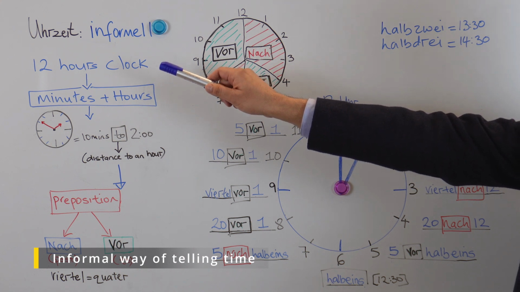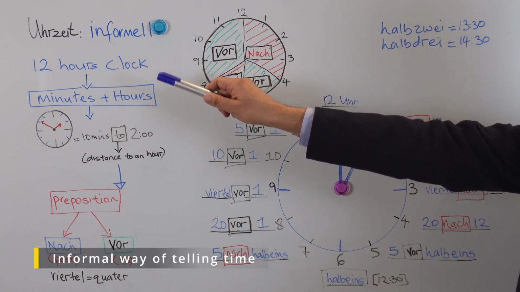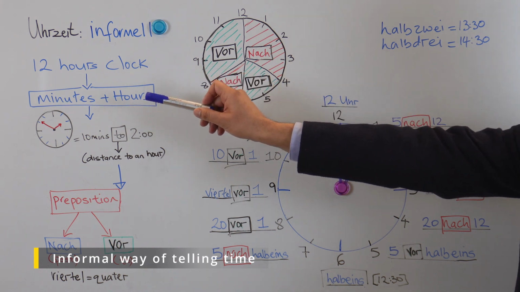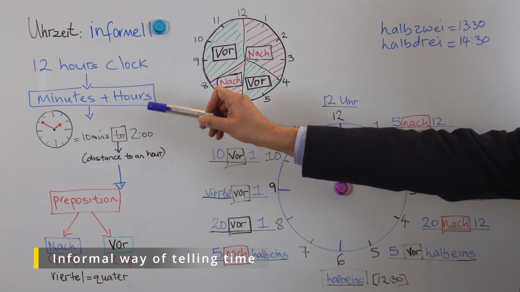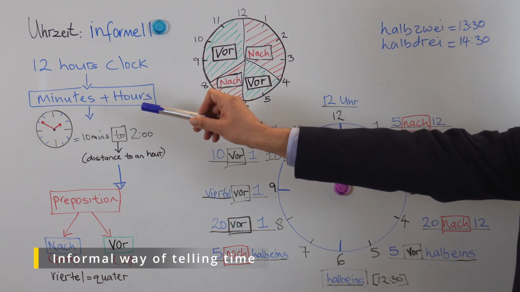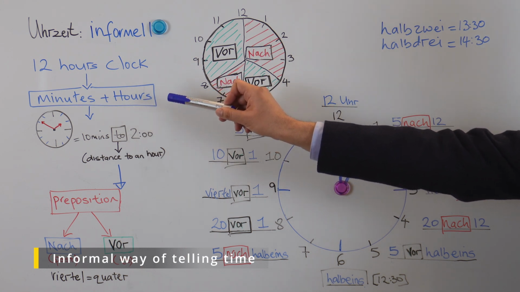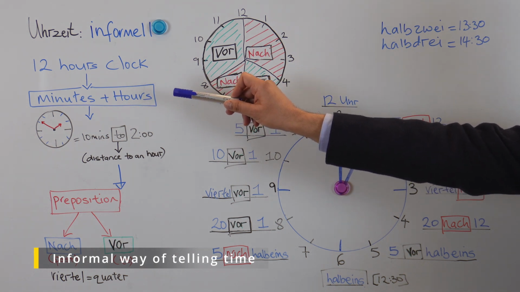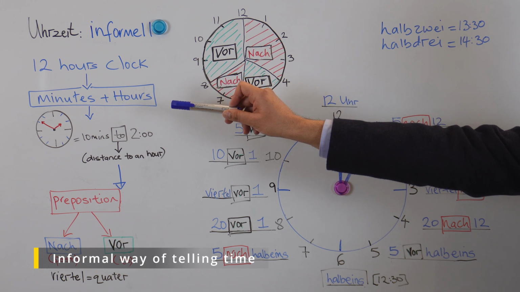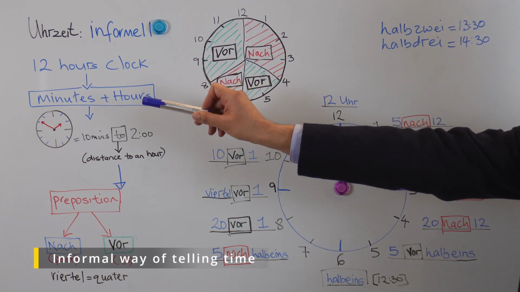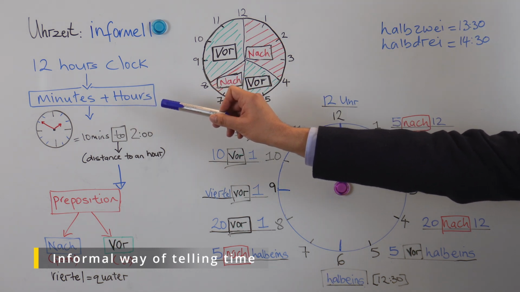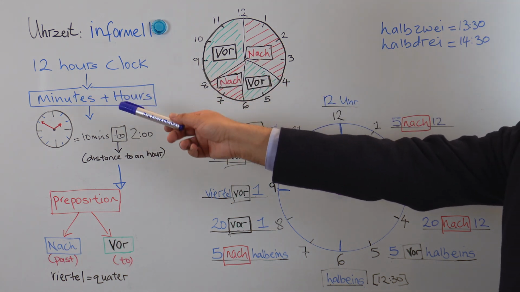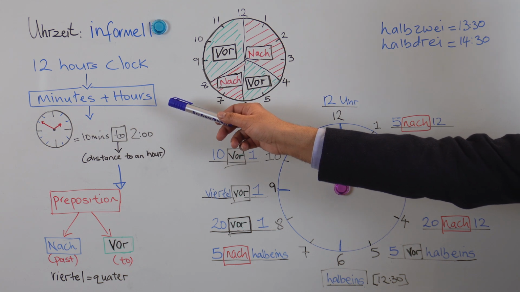In the informal time, you pronounce first the minutes and then the hours. In the formal way, we tell the hours before the minutes, but in the informal way we tell the minutes before the hours.